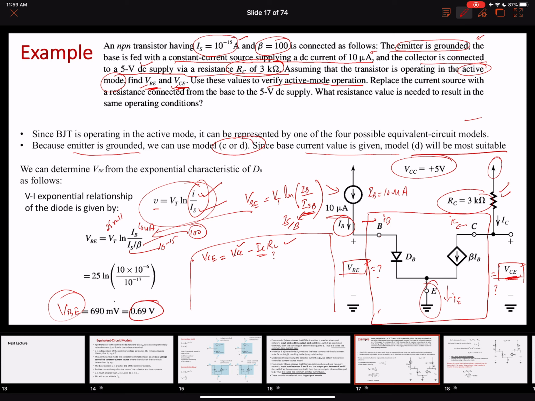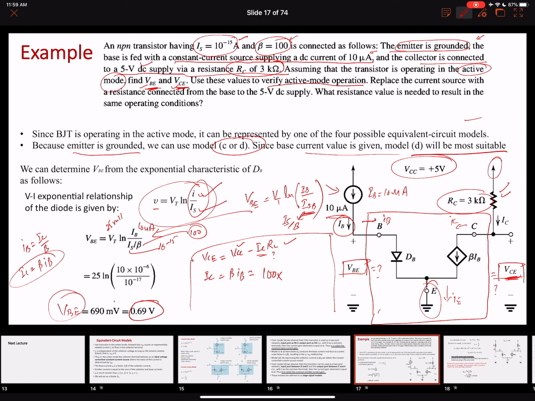We know that IB equals IC over beta. So the collector current is beta times IB. Beta is 100, so we have 100 times the base current.